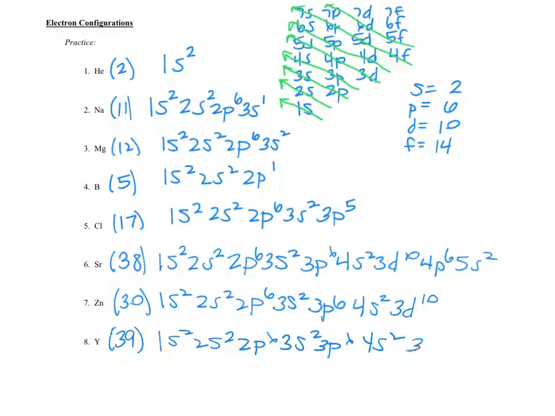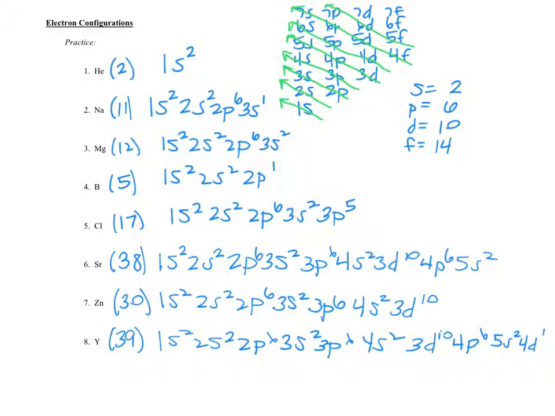Eventually you're going to do so many of these, you're going to realize once you get to the 3d10, that's 30. So you're only going to need 9 more, which is 4p6 is going to give you 36. 5s2 is going to give you 38. And then you go to the next one, which is going to be 4d, but 4d is only going to have 1 in it.